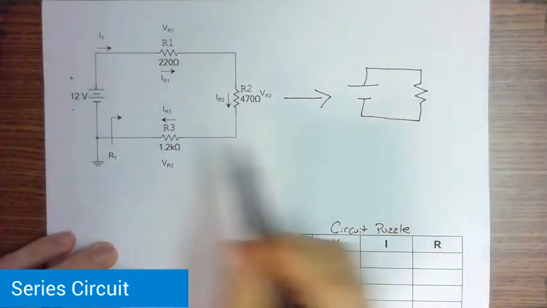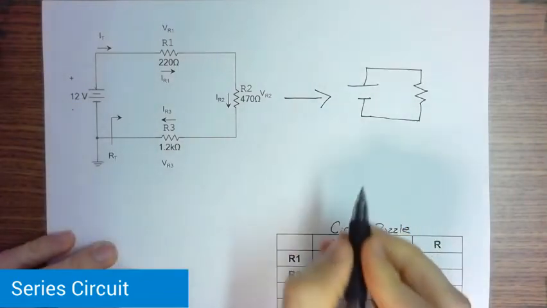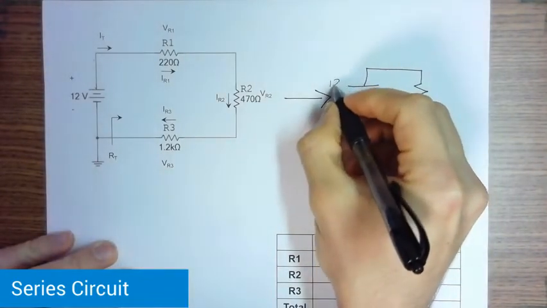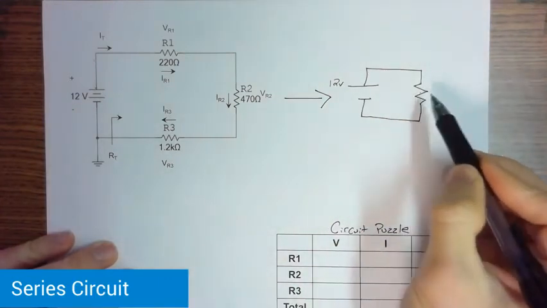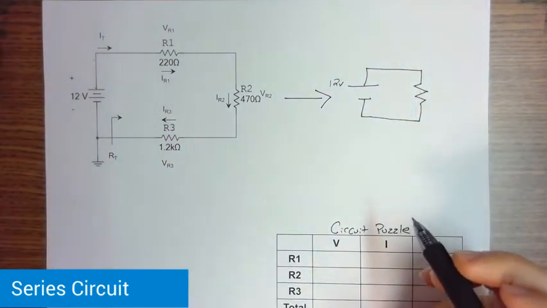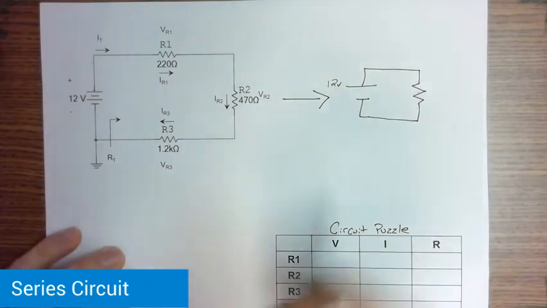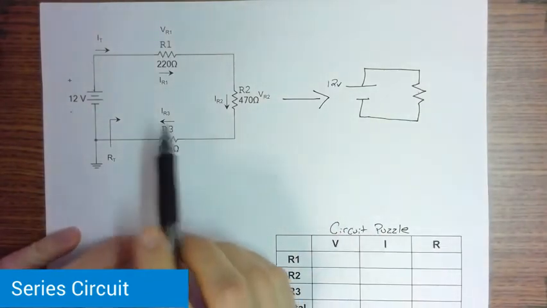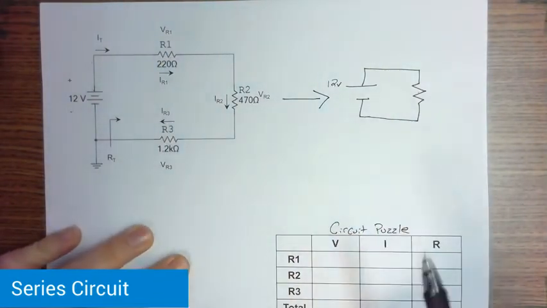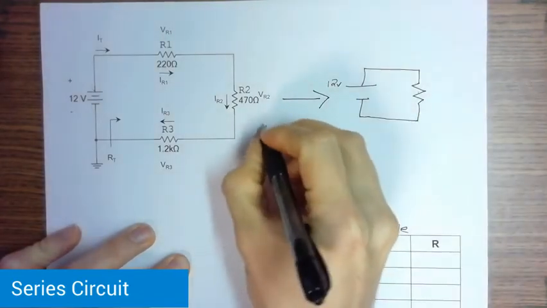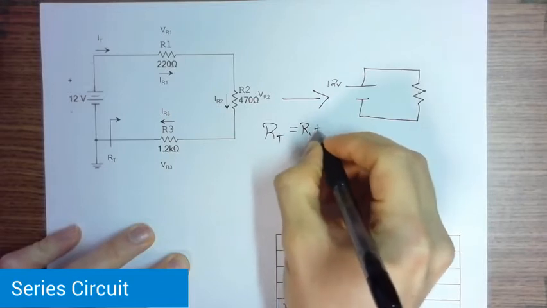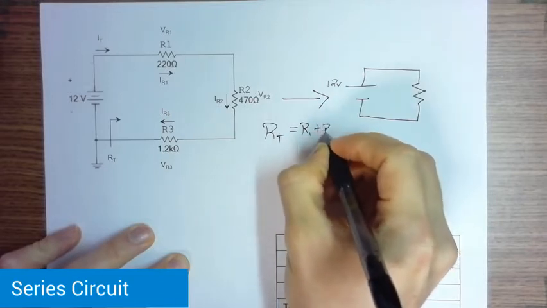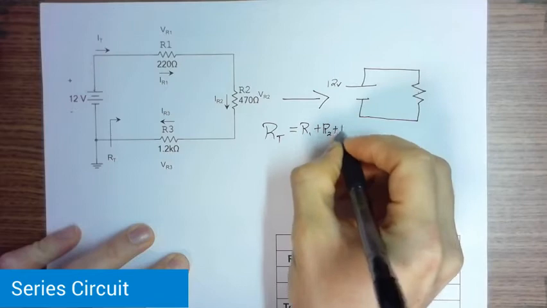But in this case, we want to do it with resistors. So we're going to copy the information that we know. We know this battery is still 12 volts, and then we want to figure out how we get that one resistor. Now, it said on the previous screen that in a series circuit, the total resistance is given by this equation, and this is a pretty simple one: R1 plus R2 plus R3.